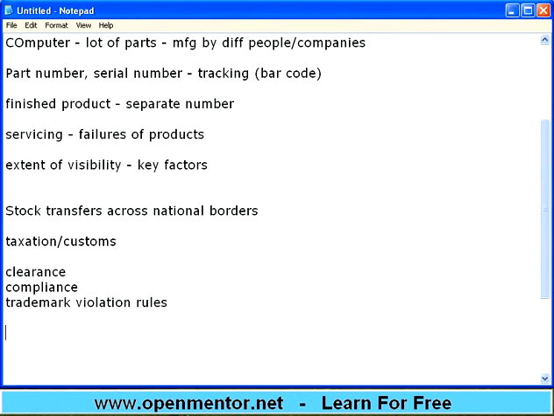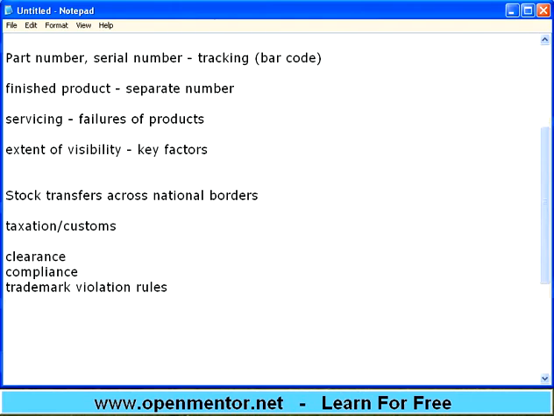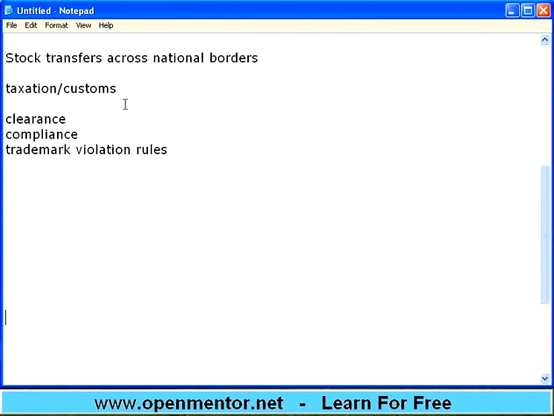You have to satisfy a whole lot of compliance and legal items when it crosses borders. This is another area people need to look at. And another important item is the distribution channel.